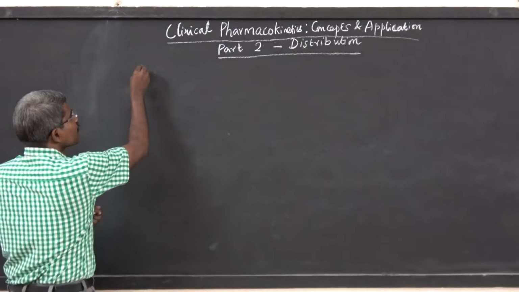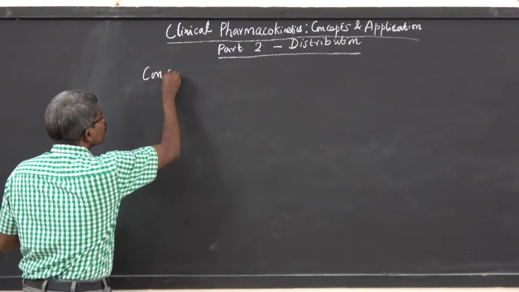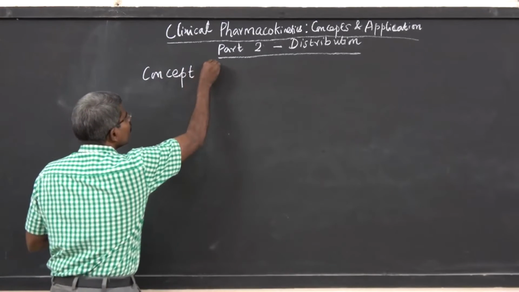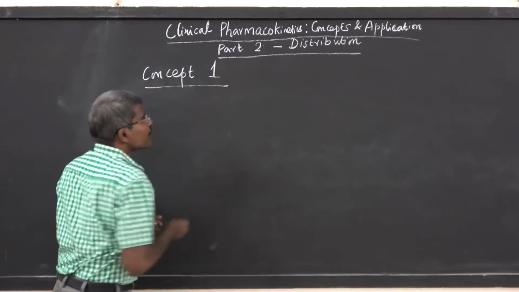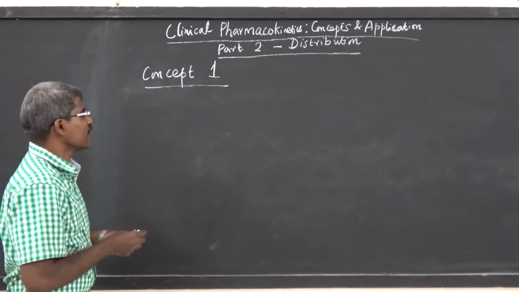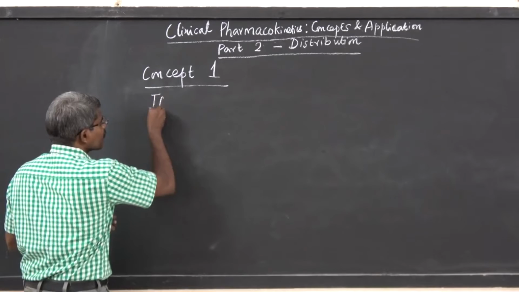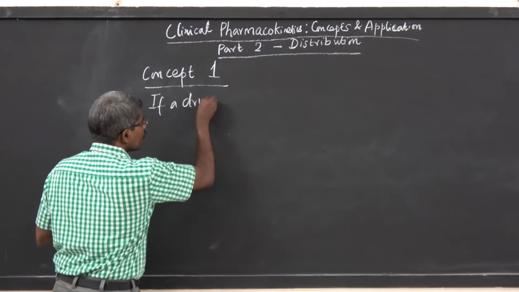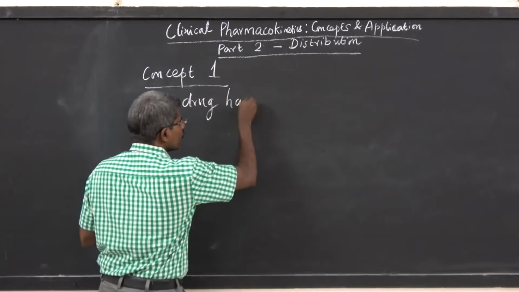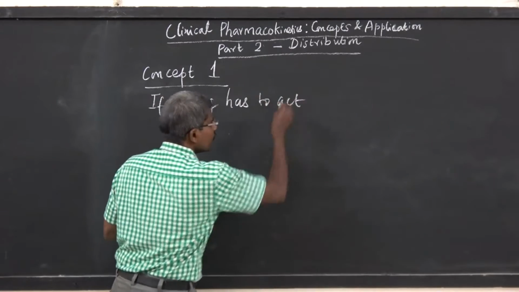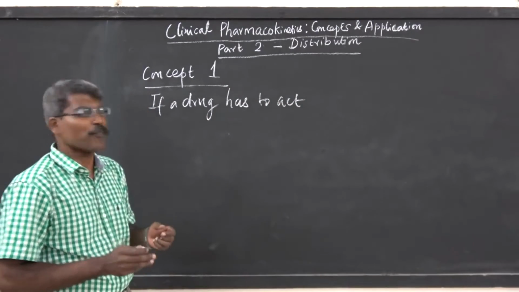The first concept I want to touch upon in relation to the distribution of drugs is that if a drug has to act, it should reach the site of action.